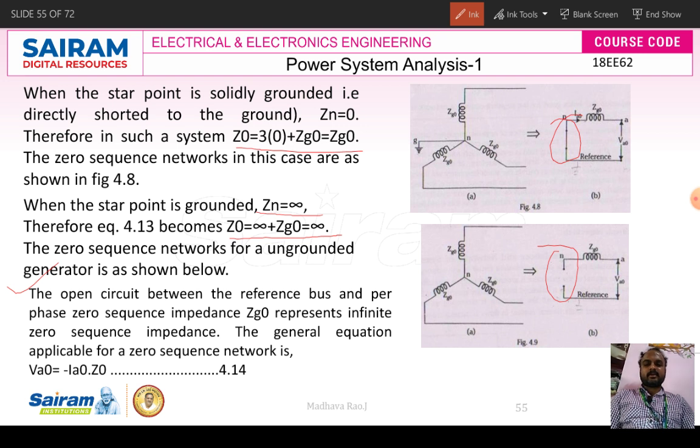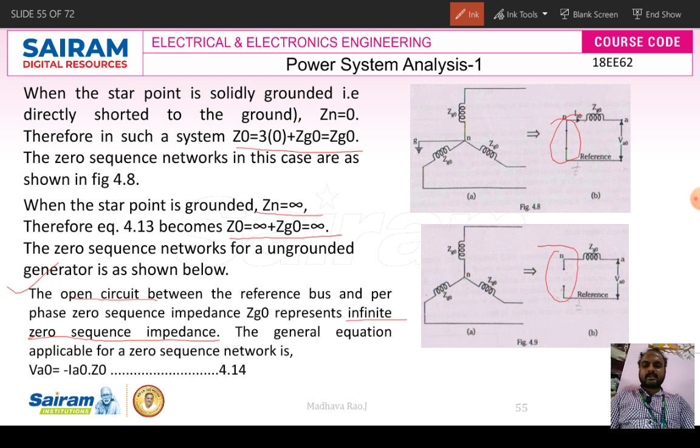In the open circuit, the impedance is equal to infinite; in the short circuit, the impedance is equal to Zg naught. The open circuit between the reference bus and the per-phase zero sequence impedance Z0 represents infinite zero sequence impedance.